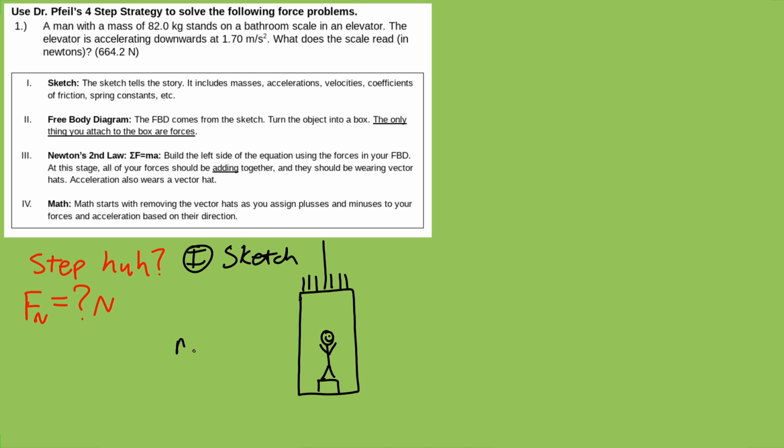The man has a mass of 82 kilograms. And the scale is accelerating downwards at 1.70 meters per second squared. So I'm going to write a is equal to 1.70 meters per second squared.